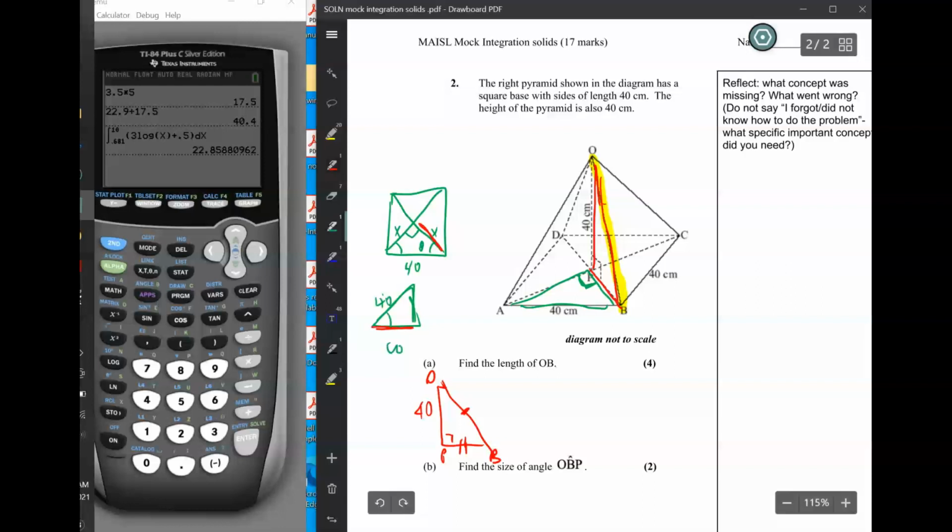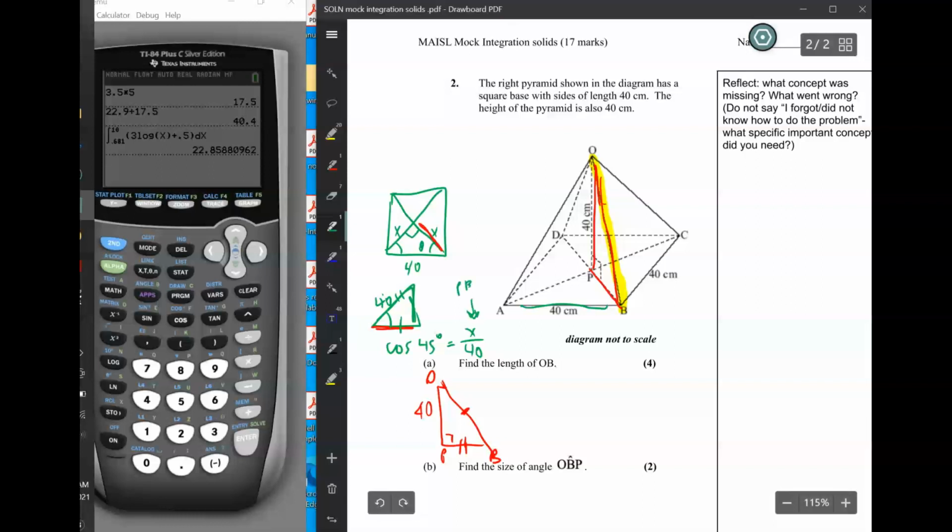So with SOHCAHTOA, adjacent over hypotenuse, I would put cosine of 45 degrees equals the red line, which is my x, divided by 40. Okay, and then in the calculator I'm going to solve for x, which is the length of PB.